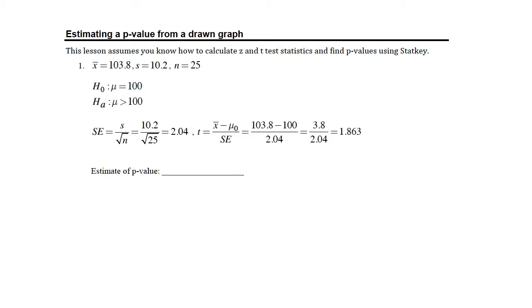These two things together tell us that we have a t-distribution. And the fact that we have n equals 25 here tells us that our t-distribution has n minus 1, or 24 degrees of freedom.